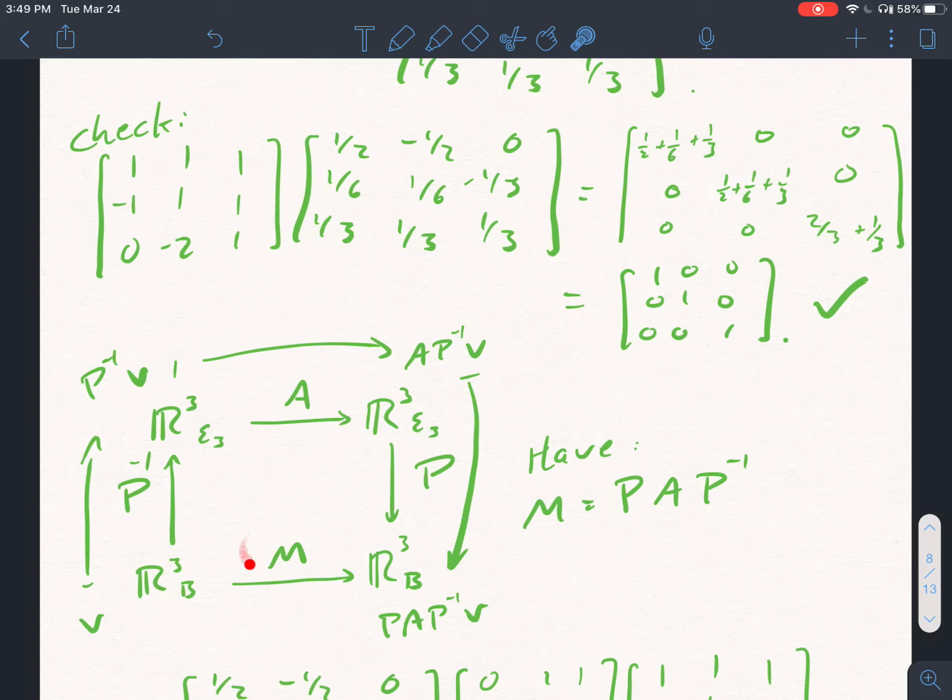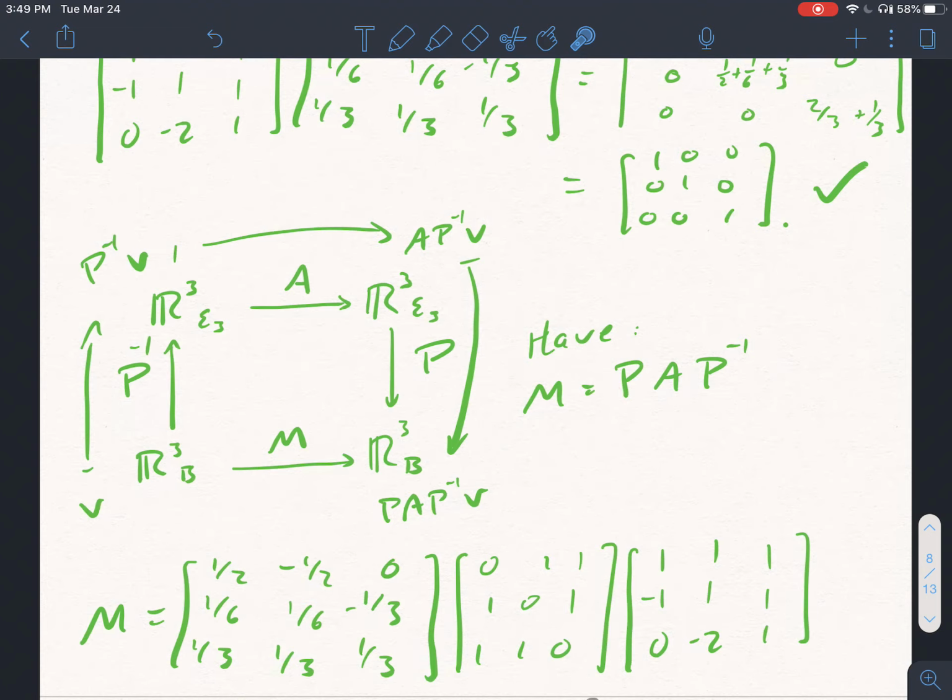So that tells us that M is equal to PAP inverse. Right, so I'm reading right to left here, so P inverse should be on the right, A should be right to the left of that, and P should be right to the left of that.